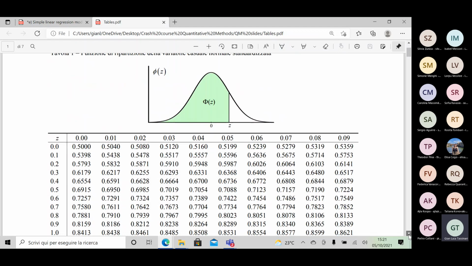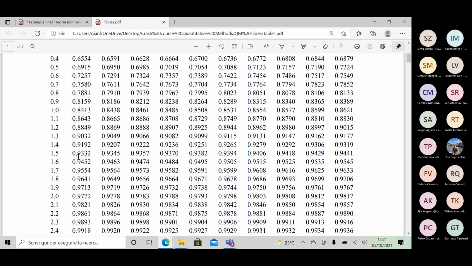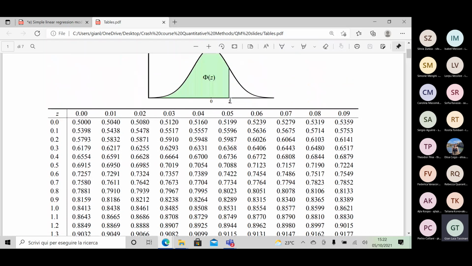Search here for 0.975. Okay, you get it here exactly. So go here, you have 1.9. If you go above, you get 0.06. So the value such that the probability on the right side is 2.5% is 1.96.